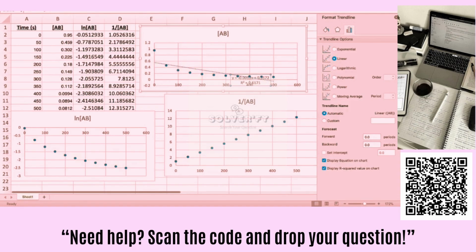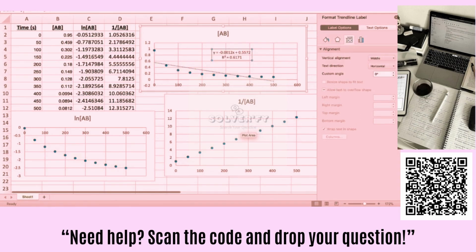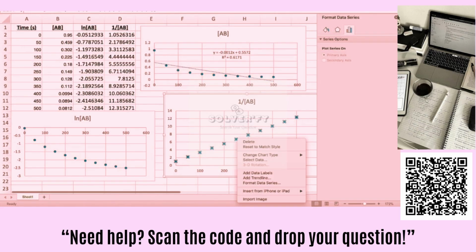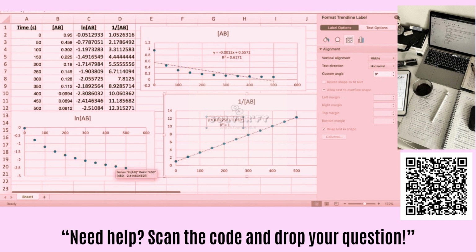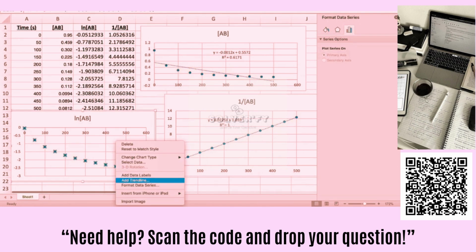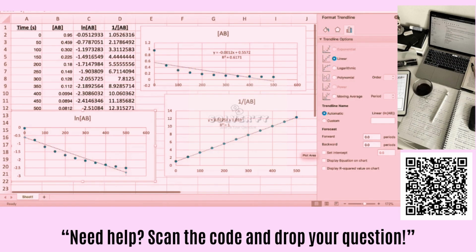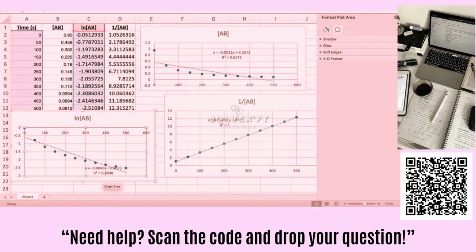The one that has an r-squared value closest to 1 is going to be the best straight line. So this one is 0.6171 as our r-squared value. This one is essentially 1, and this one is 0.8948. So this gives us the best straight line.